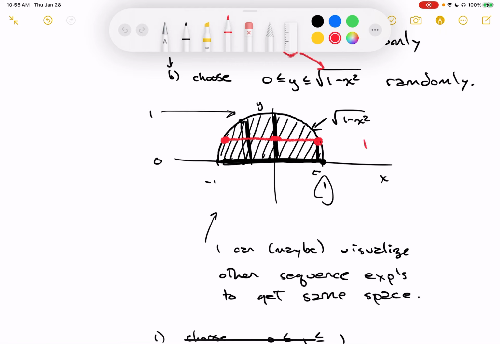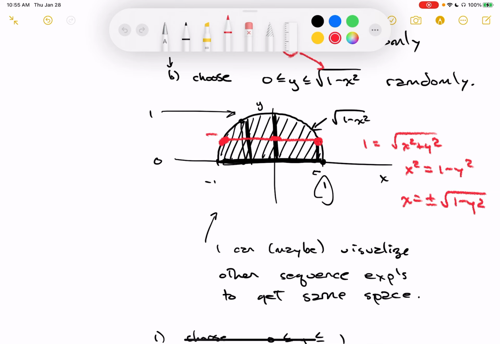We know a circle of radius 1 is x squared plus y squared equals 1. Solve this for x, and we get x squared equals 1 minus y squared, or x equals plus or minus the square root of 1 minus y squared.